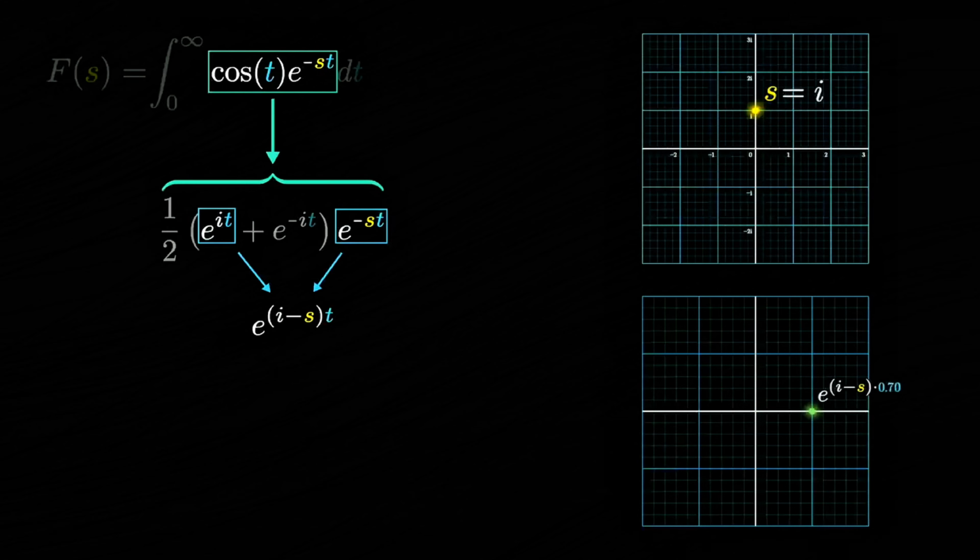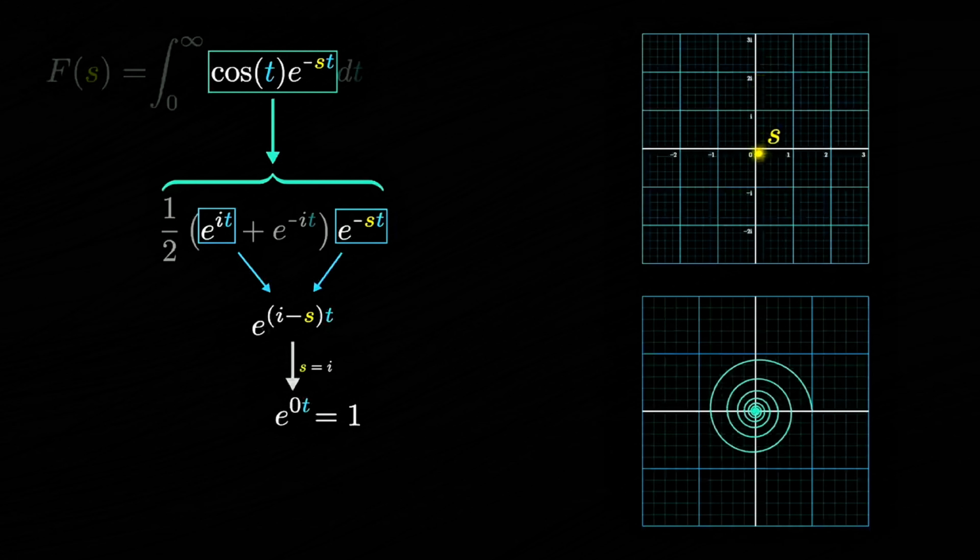If you set s equal to i, then that term in the exponent becomes 0, so the entire function just looks like e to the 0, which is stuck at the constant 1. And this is a key idea. For almost all values of s, an exponential like this is going to change with time, typically looking like some kind of spiral, but at the special value that we're hunting for, in this case, s equals i, instead things get stuck at a constant.